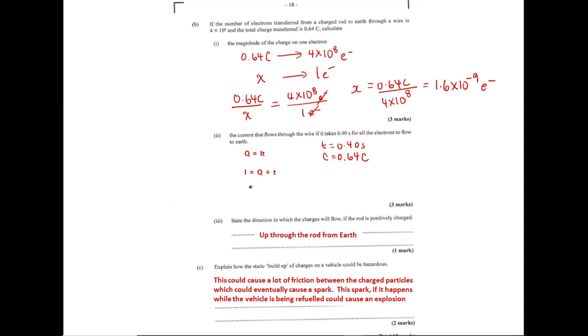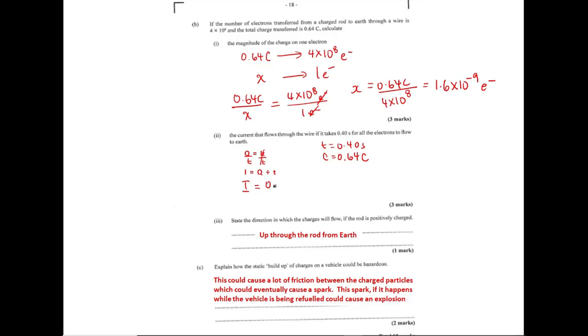So to find the current now, we just transpose and we divide both sides by t. With that being done, we end up with I equals Q over t. So this is the current.